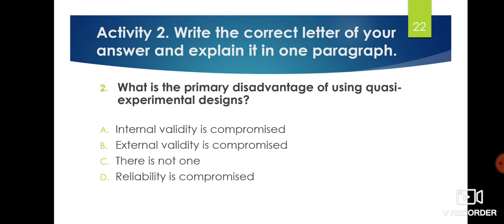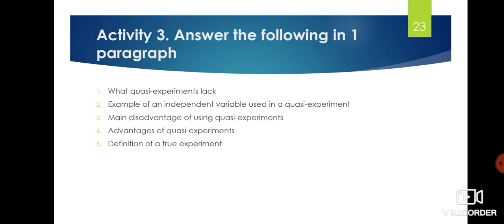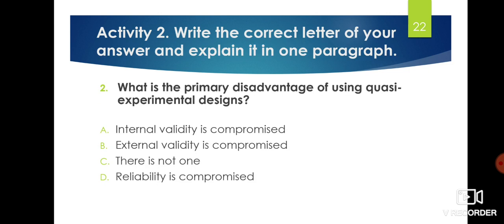So number 2, likewise, answer and then explain. And then activity number 3, answer and then explain. Answer the following in one paragraph. So you have 1, 2, you have 5 paragraphs, then 6 here, and then 7. You have 7 paragraphs to write. Again, you have 1 week to finish this activity. Thank you, guys.